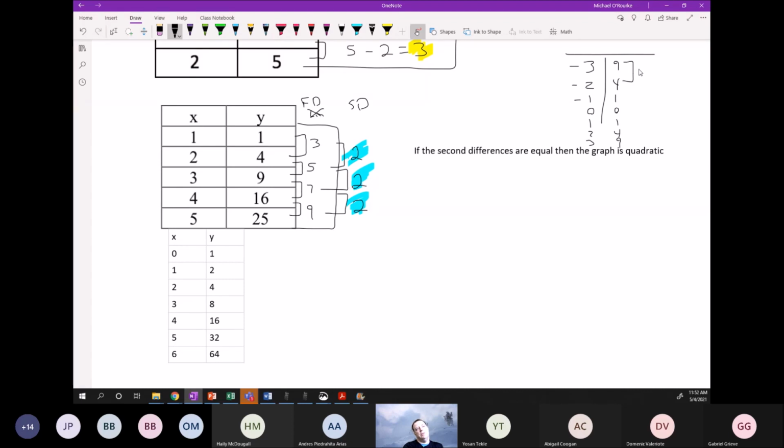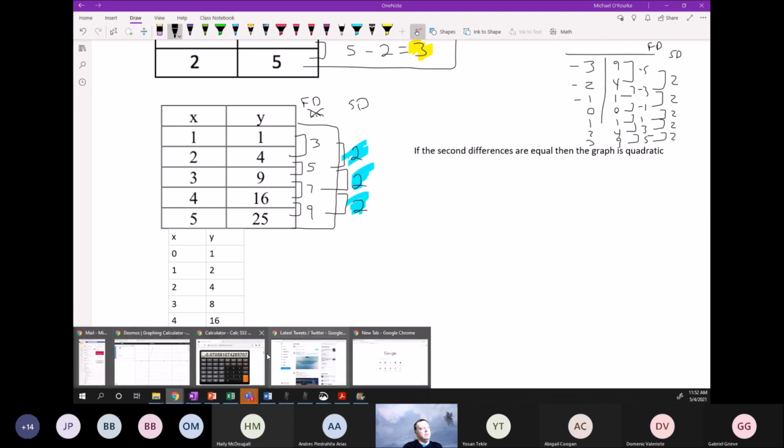If you look here, the differences are -5, -3, -1, 1, 3, 5. Those aren't equal. So if I do the second differences, that's going to be 2, 2, 2, 2, 2. Here's my first difference. My second differences are all equal.